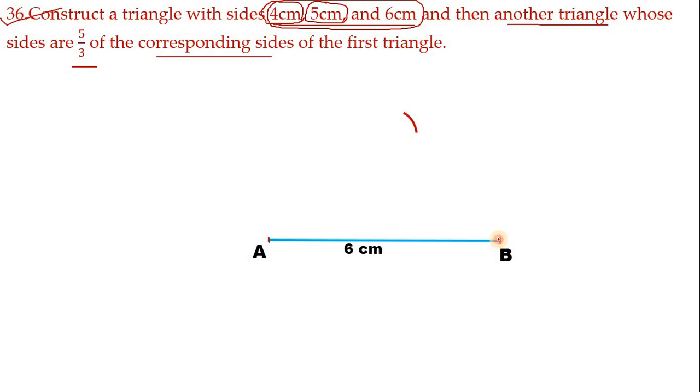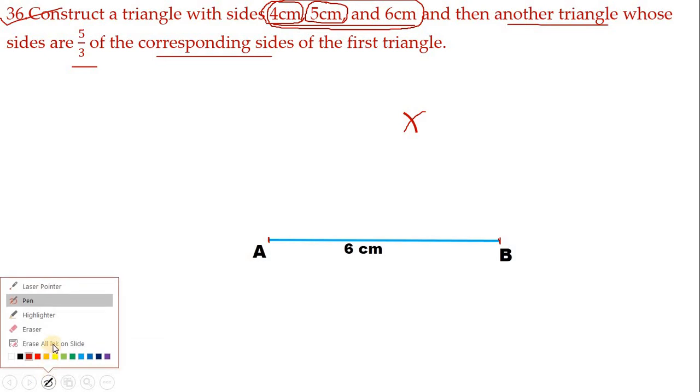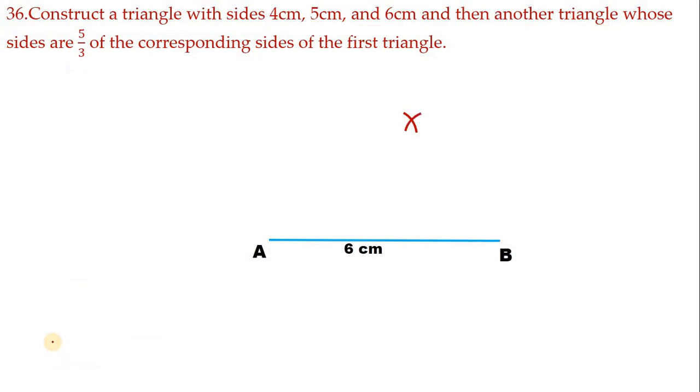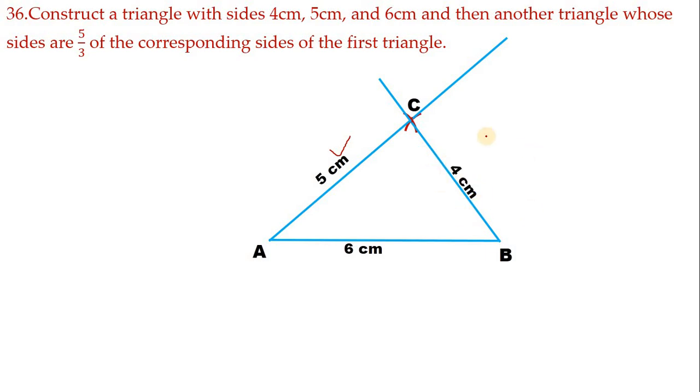With B as center, cut this arc. So both the arcs have to intersect like this. Now join this point to A like this and to B like this, mention it is 5 cm, and call this point C, and here the BC length is 4 cm. Now the triangle is ready.